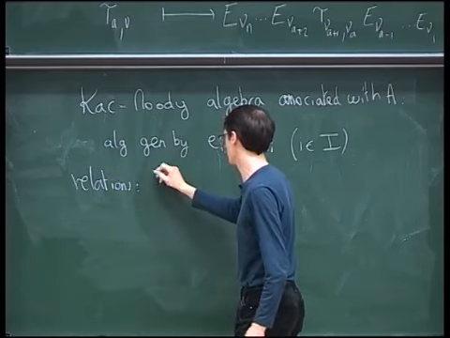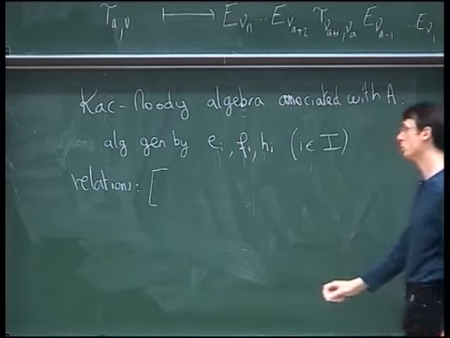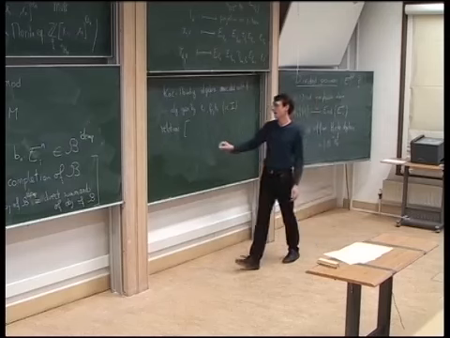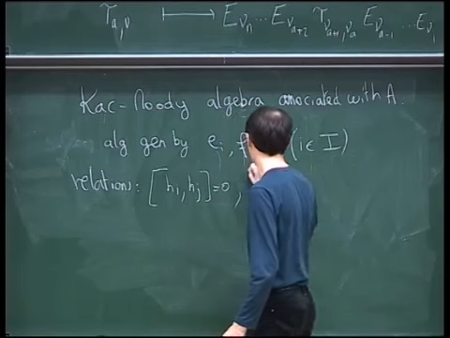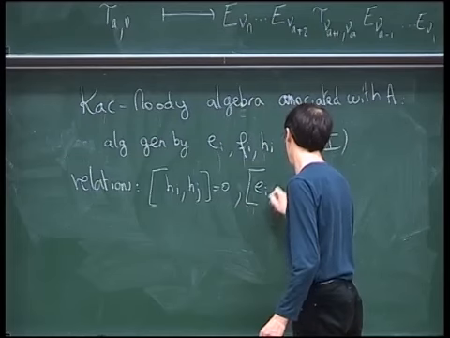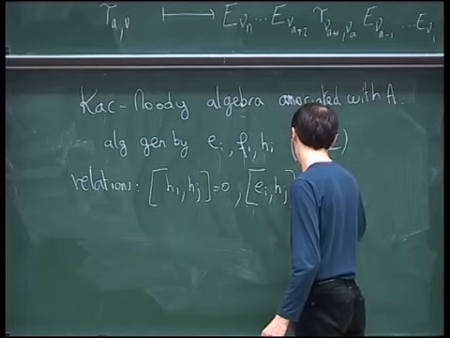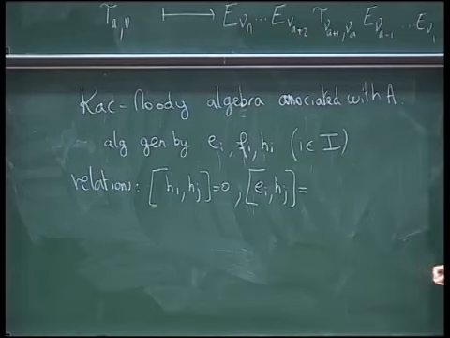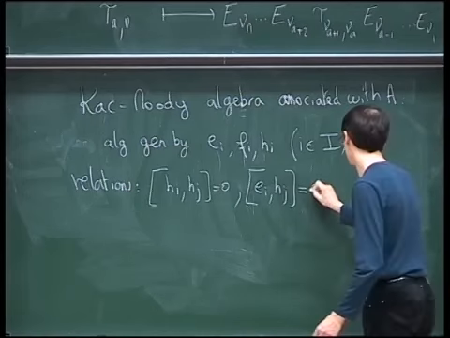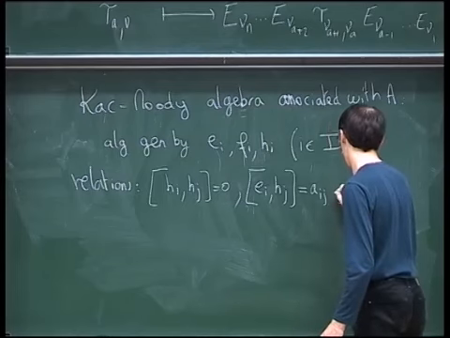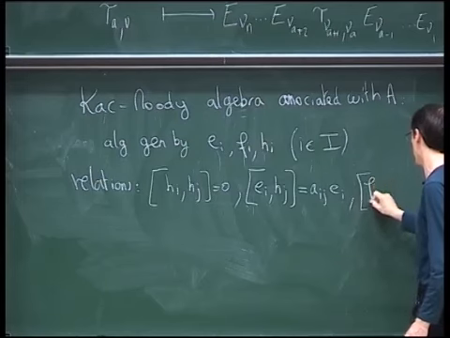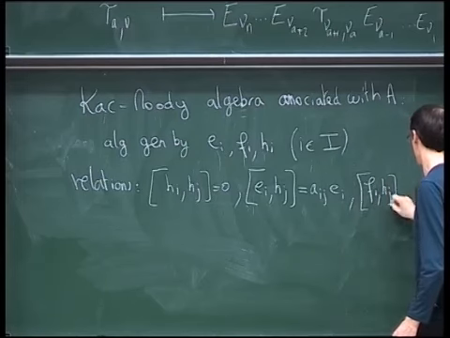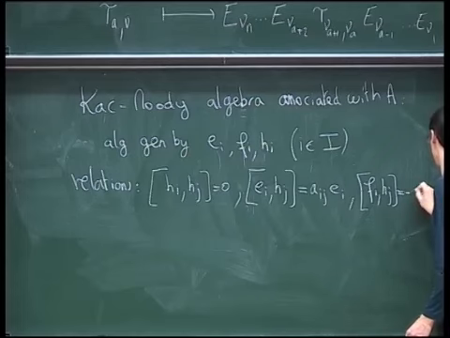So the relations are the Hi's commute. The commutator of an Hi and an Hj is 0. The commutator of Ei and Hj is a_ij Ei. The commutator of Fi and Hj is minus a_ij Fi, so it's the usual relations.